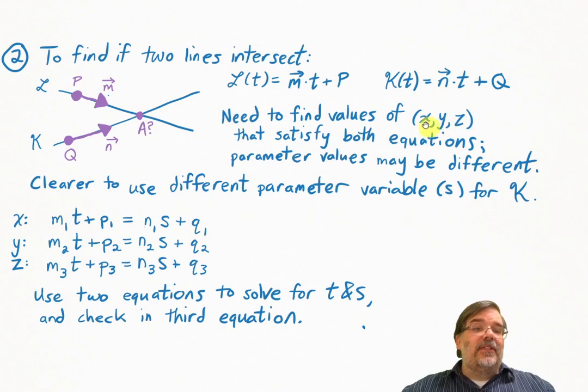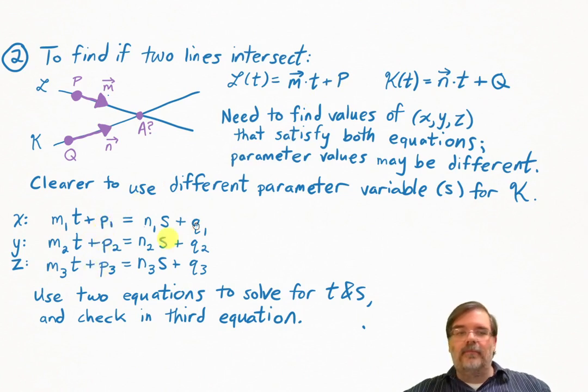So when we're trying to solve for these values x, y, and z, we don't really want to use the same parameter variable. It's a lot clearer, I think, to use a different parameter value for the second line. So instead of using t, I'll actually use s when we solve these equations. But in general, you'll have a setup like this. Here, I'm assuming the vector m has components m1, m2, m3. Point P has components p1, p2, p3.